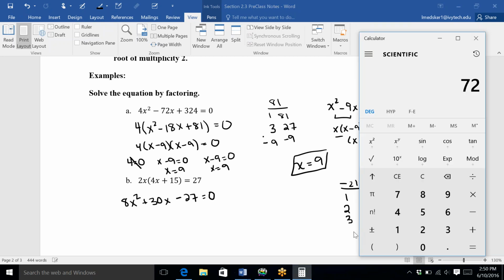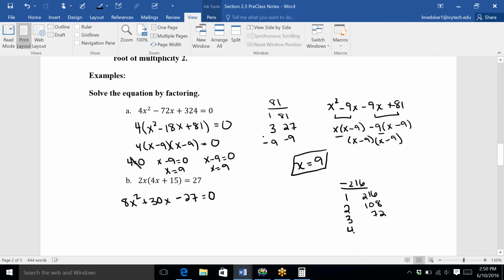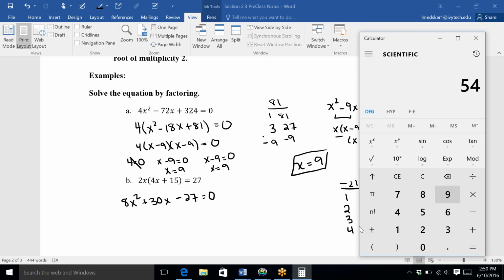Is it divisible by 4? Four and 54. Is it divisible by 5? No, because it doesn't end in a 5 or a 0. I believe it is divisible by 6. Divided by 6. 6 and 36.